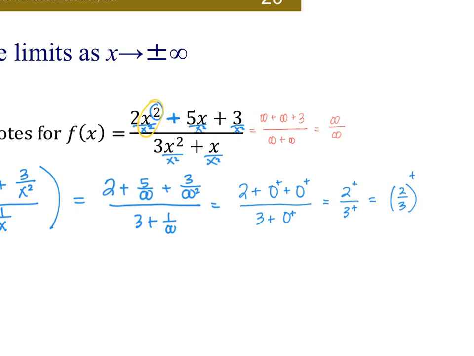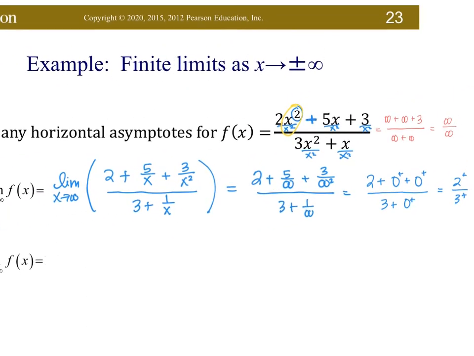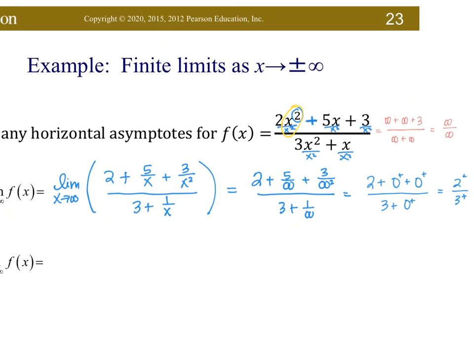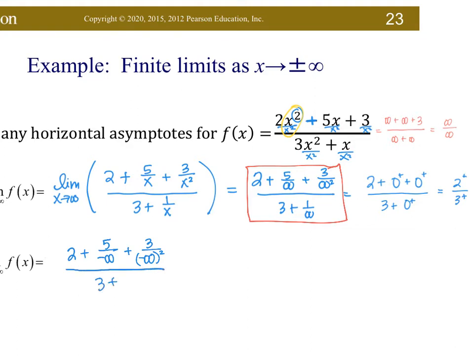So let's see what happens with negative infinity. I'm going to jump to just dropping negative infinity in. It's really just going to this same step here, but using negative infinity instead. So that'll be 2 plus 5 over negative infinity plus 3 over negative infinity quantity squared, which we know will be positive, over 3 plus 1 over negative infinity.